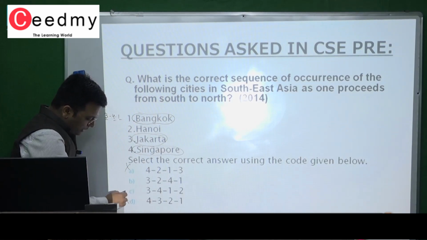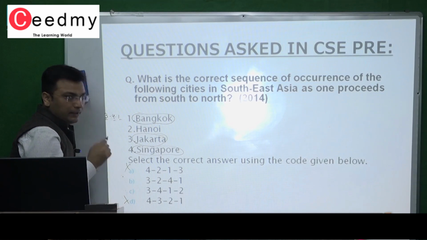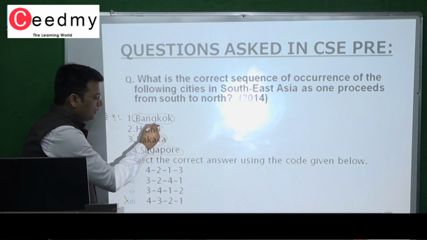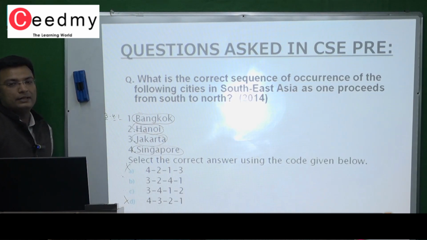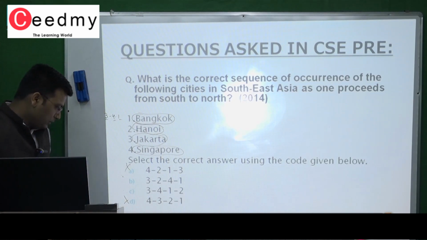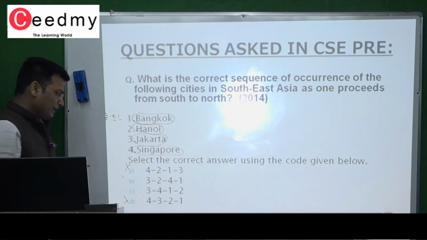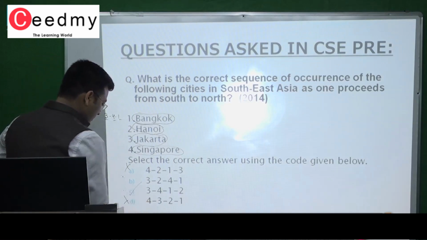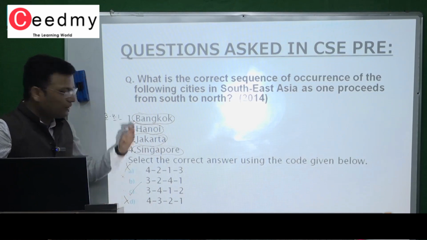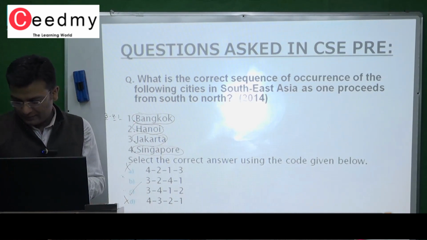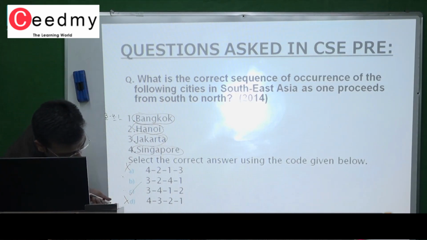But you are confused between B and C. If you know the mapping, you can easily locate Hanoi, which is in the north of Bangkok. So the answer is C, 3412. So these are the easy questions which UPSC is asking, but you must know the mapping.